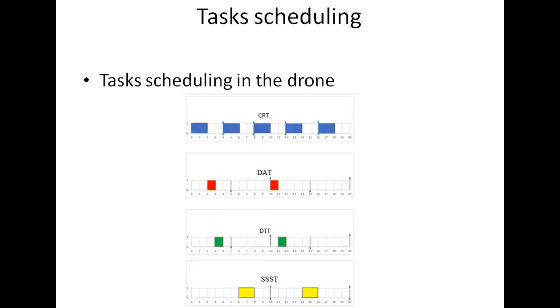For the task scheduling through FreeRTOS, we can see here that the highest priority task has the lowest period time.